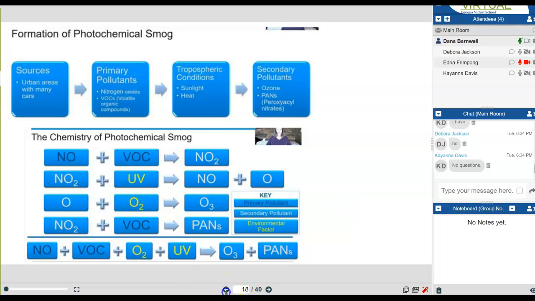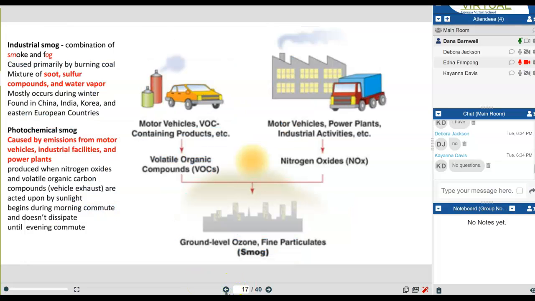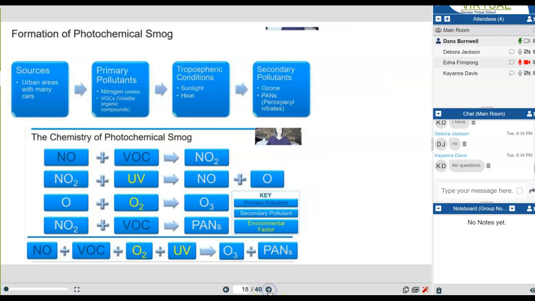You've got the picture that I just gave you, so you have a visual there. You have this schematic, this flow chart, which is the second way you can study how photochemical smog is produced. And then you have the actual chemical reactions that are taking place.